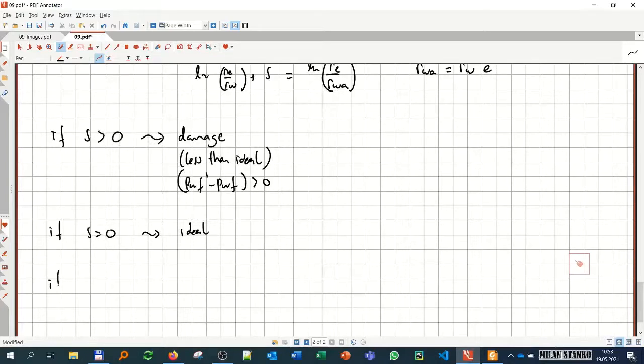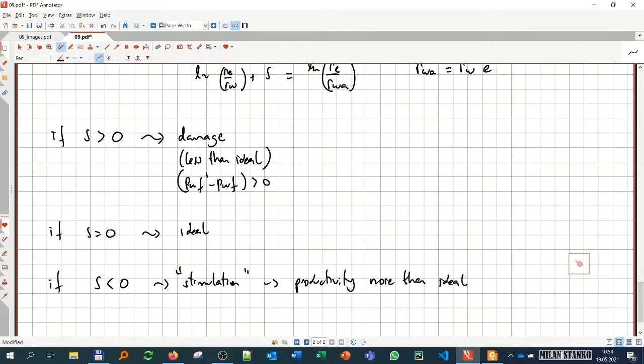And then if S is less than 0, its productivity is more than ideal. This is usually because I have done something to the well. It's not damage, but maybe let's call it stimulation, to get a productivity more than ideal.